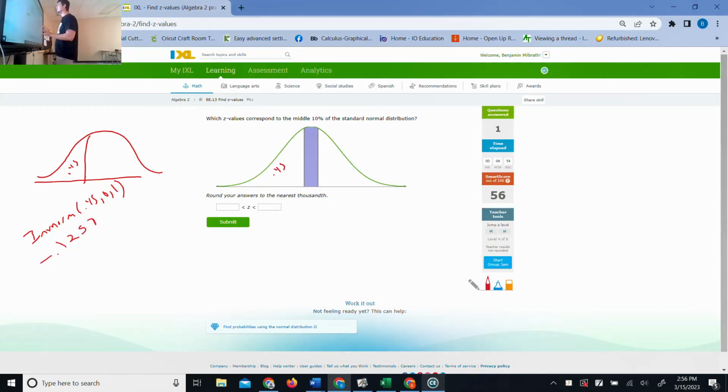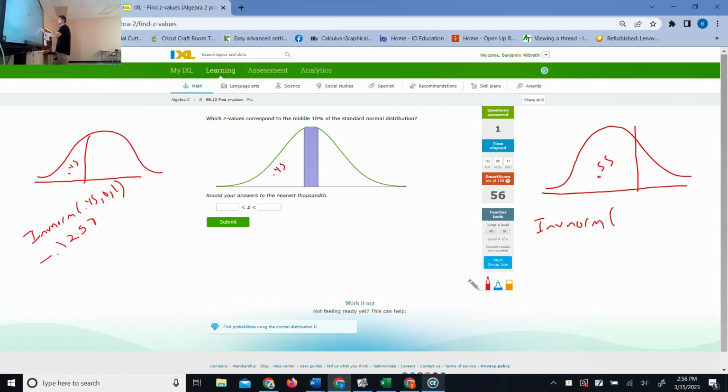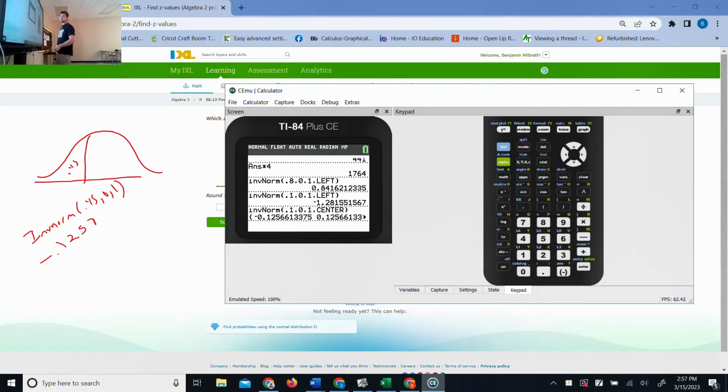And then you also had to go off the side and think about, all right, I had the 10%. So if I add the 10% in, suddenly I'd be dealing with something that is 55% of the bell curve. So I would do inverse norm 0.5501. And that would return the right value that the newer faceplates give us, 0.1257.